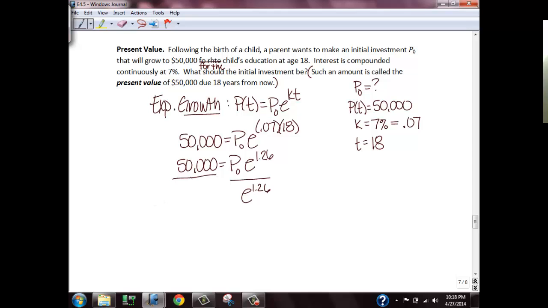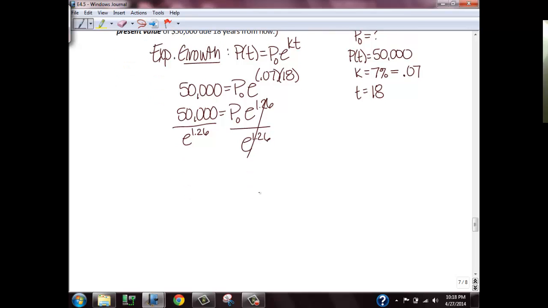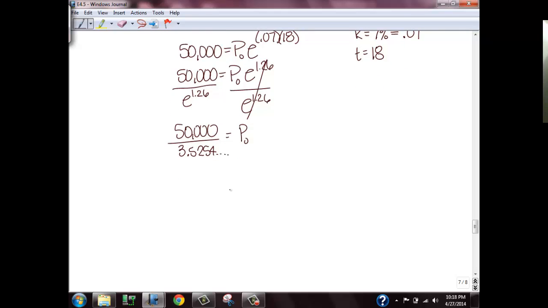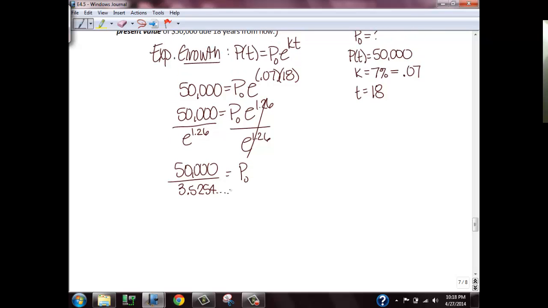And it doesn't matter if you simplify e to the 1.26 first and then divide it off, or if you divide it off and then do it in the next step. Either way is fine. Okay, so this means that P naught is equal to 50,000 divided by e to the 1.26, which if you do that on your calculator should be roughly 3.5254 blah blah blah. Again, leave all the decimal places in your calculator.